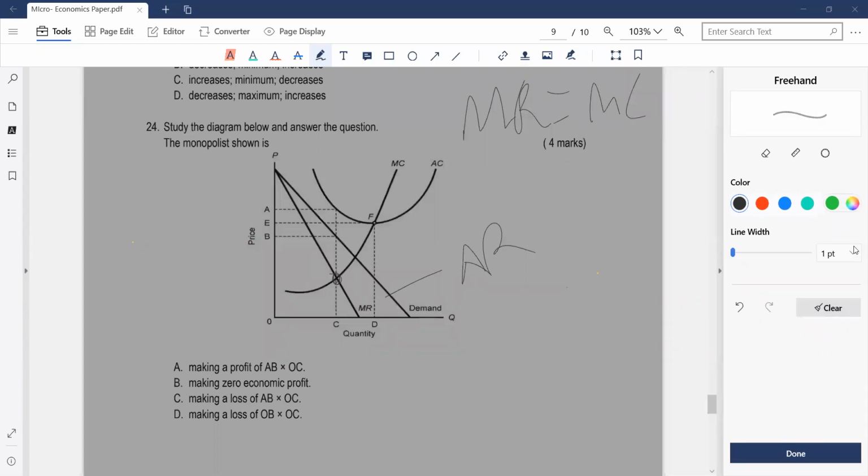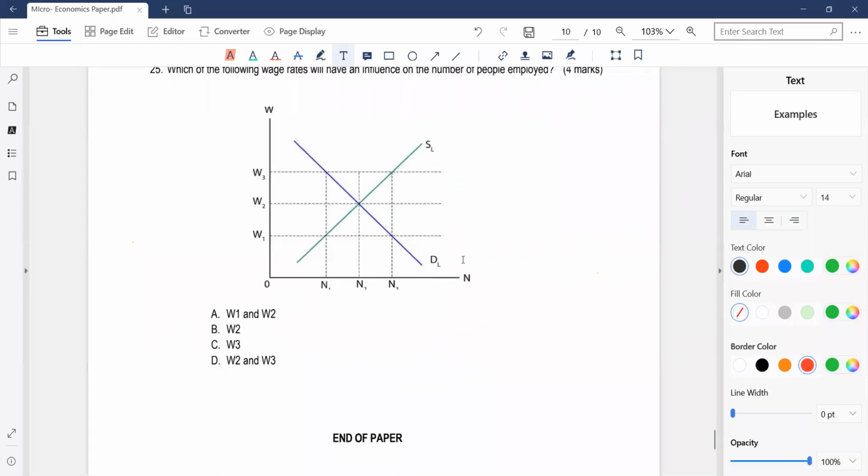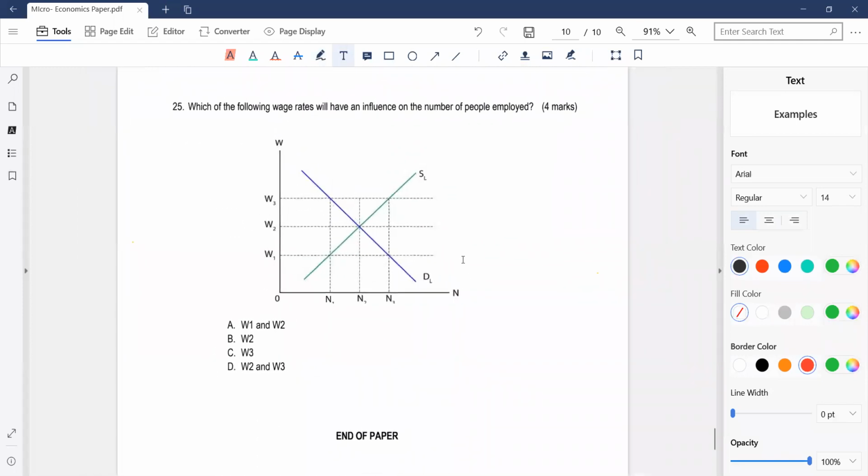All right, number 25. This is our last one. 25 says, which of the following wage rates will have an influence on the number of people employed? If the wage rate is W1, it will not have an effect because the wage rate will come to W2.